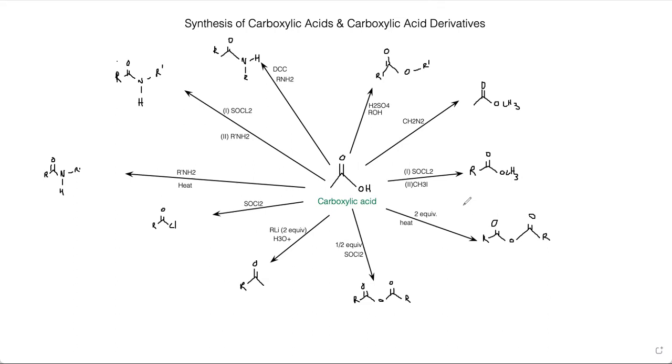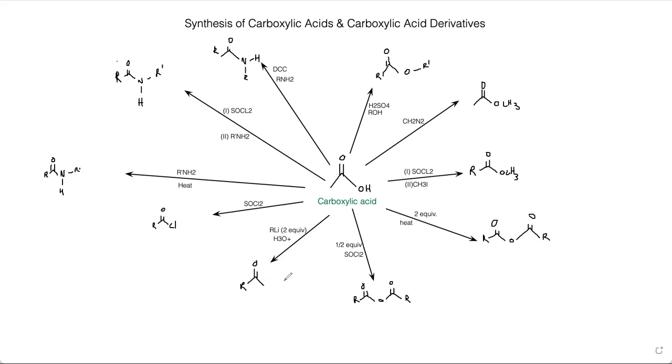So oddly enough, you can form anhydrides with just two equivalents of a carboxylic acid and heat in combination, which is quite the simple reaction, but very useful. And then alternatively, you can use 1/2 an equivalent of a carboxylic acid plus SOCl2, and you will also end up with an anhydride.